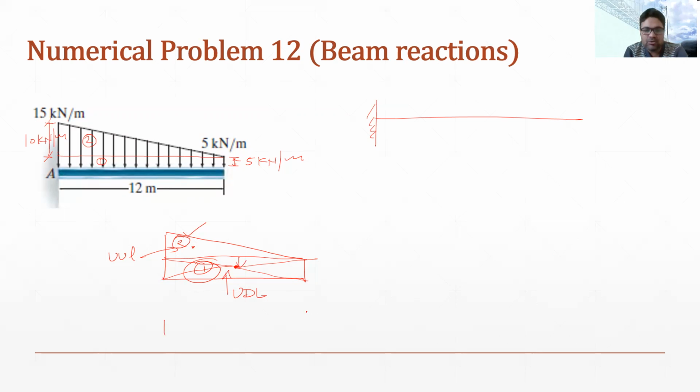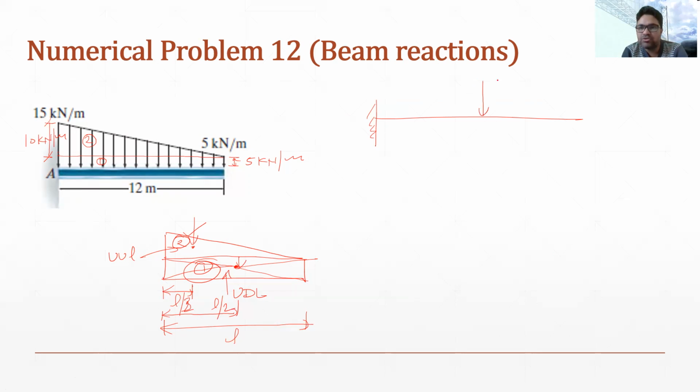Similarly, the CG of this triangle of area 2 will be somewhere like this. If this is the total length, this distance will be L by 3, and the distance of the point load because of the UDL will be L by 2, because it will be at the center. Now there will be 2 point loads.